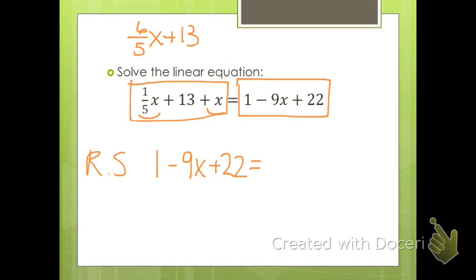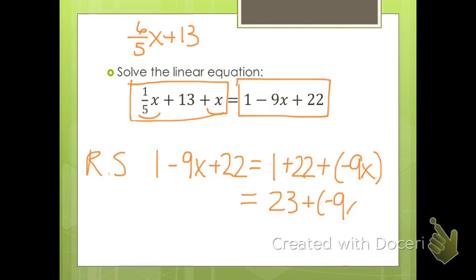So this is 1 plus 22 plus, I'm going to call this plus a negative 9x. Okay, so this would be 23 either minus 9x or plus negative 9x.